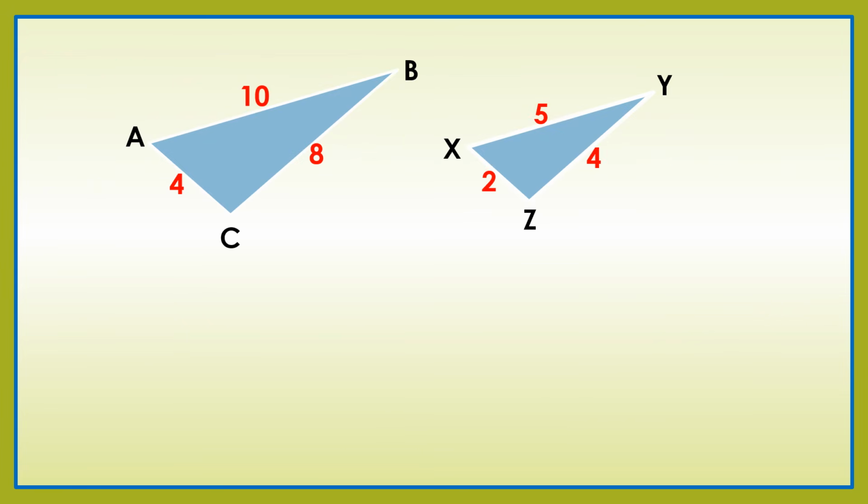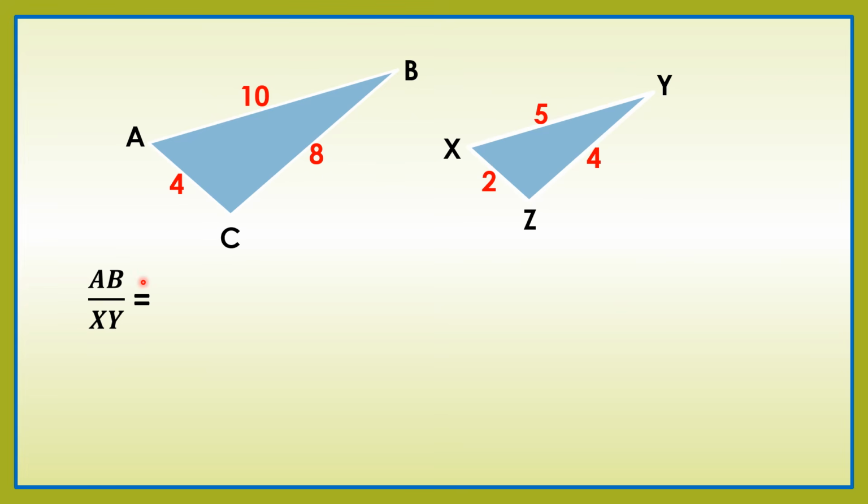Let us apply the SSS similarity theorem or side-side-side similarity theorem. So in the given triangle ABC and triangle XYZ, kunin lang natin ang proportional segments and its corresponding sides. So let's say AB corresponds to XY.